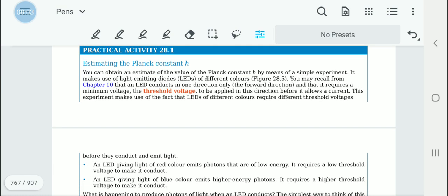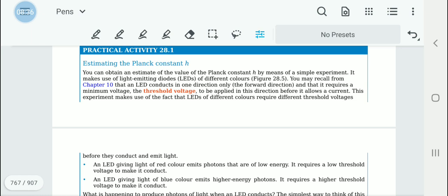Now I'm going to move into practical activity 28.1. We are going to estimate the Planck constant h. What we do is we use LEDs of different colors. You know that an LED is a diode, therefore it allows current to pass through only in one direction.